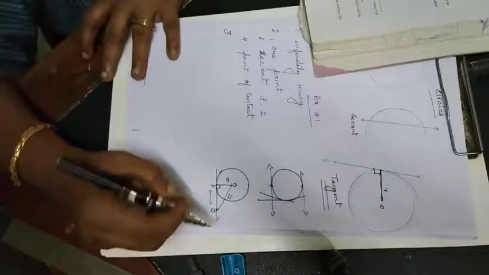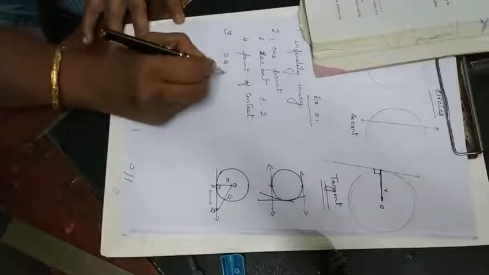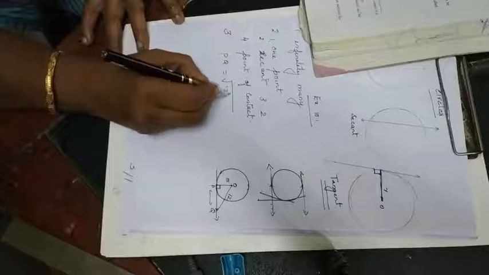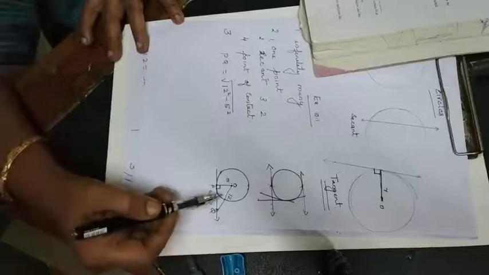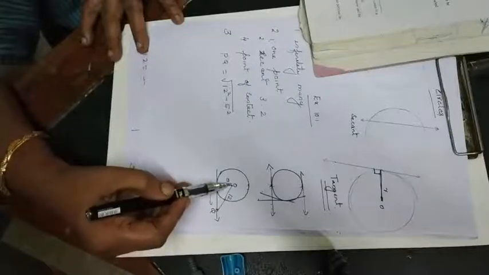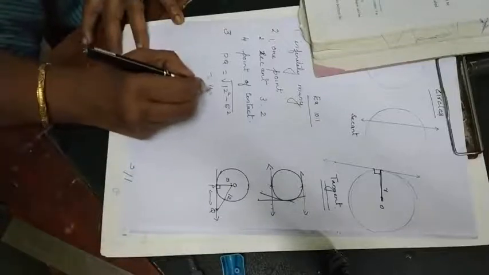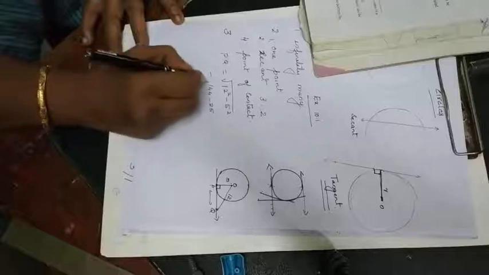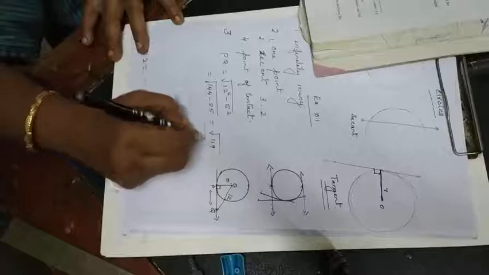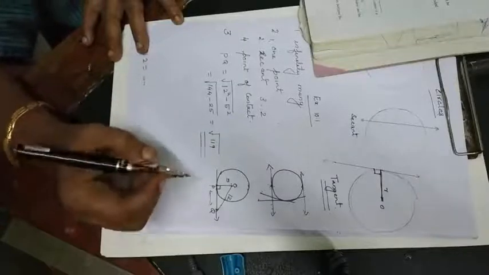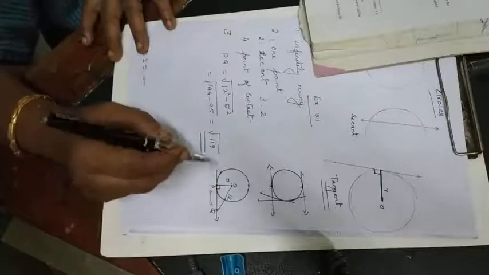PQ is the base. So how will you find out PQ? PQ will be equal to root of 12 square minus 5 square. Hypotenuse square minus altitude square will be base square. So 144 minus 25, root of that one, that is equal to root of 119. So PQ will be root of 119.